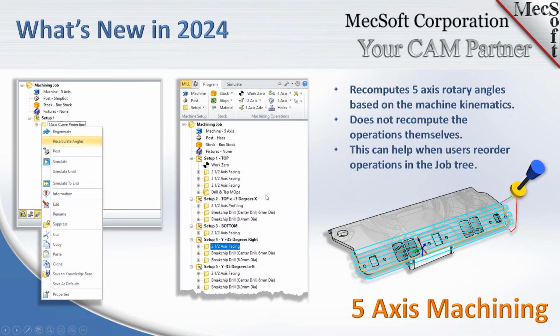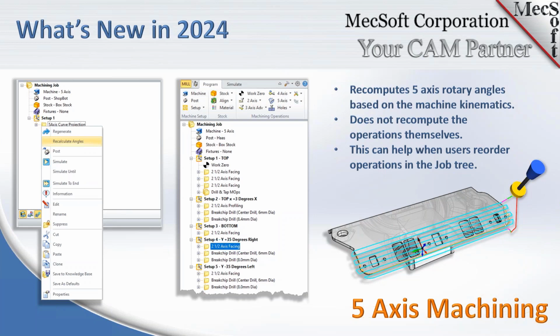So a quick clarification, I think Don said tool, but it's really the machine tool. The angles, the axis angles of the machine tool is what he's talking about. And the reason we would need that is if you reorder the operations inside of a setup, the machine angles are not automatically recomputed because they're computed only when you do the simulation of the toolpath.